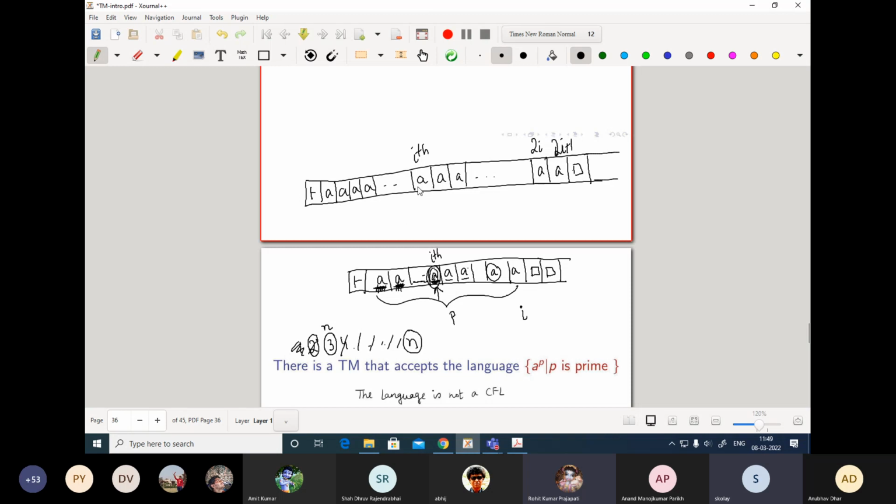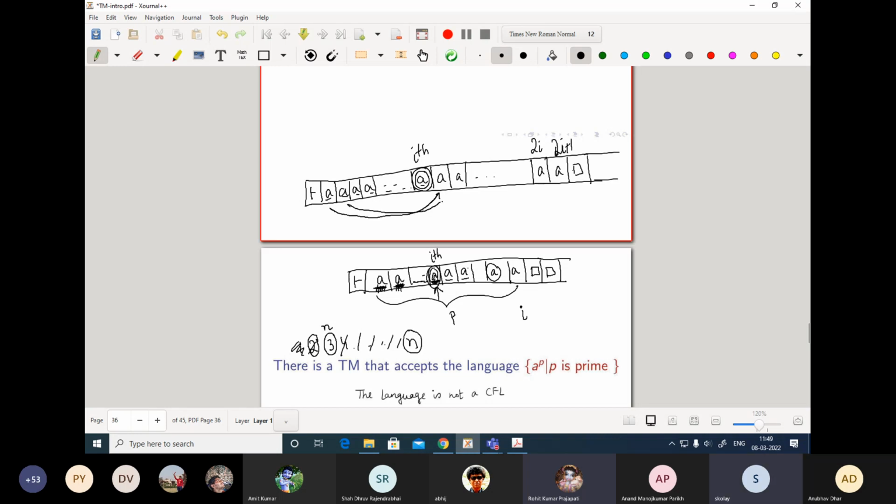So what he is suggesting is, suppose I'm at the ith position, I mark this A with a double circle and then I underline all the A's till this A. Now I am basically going to be matching each element to the next element.